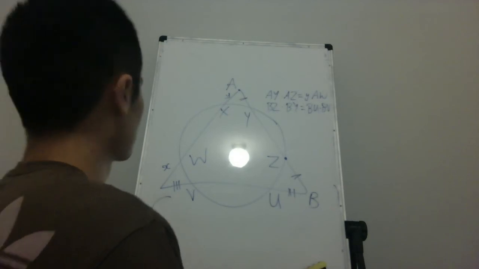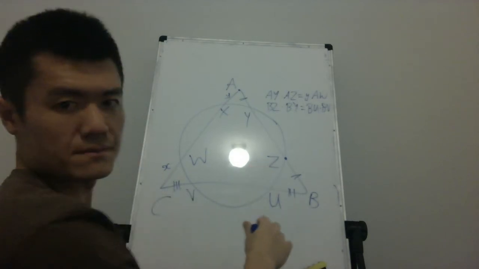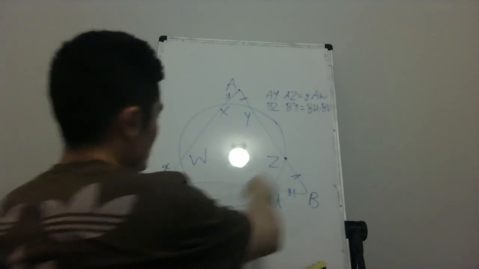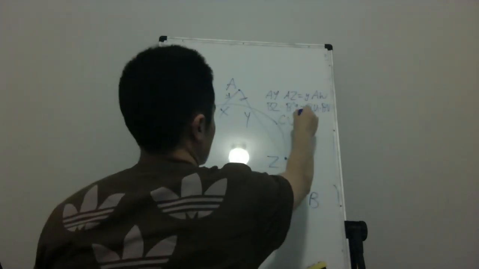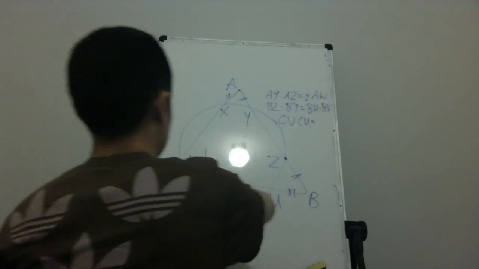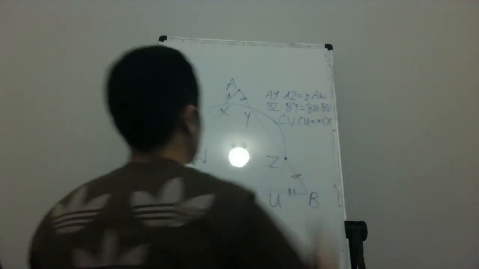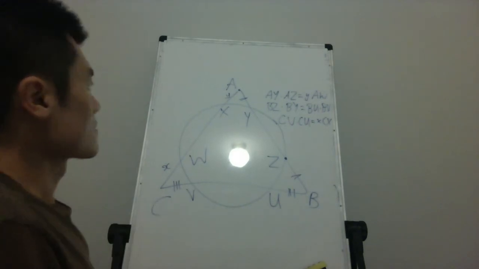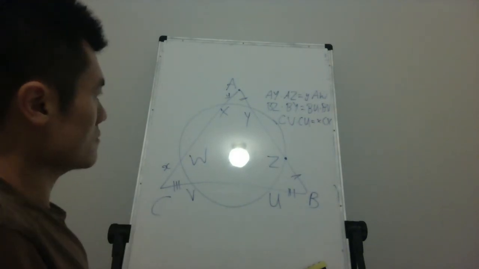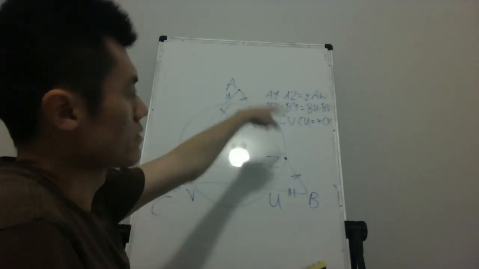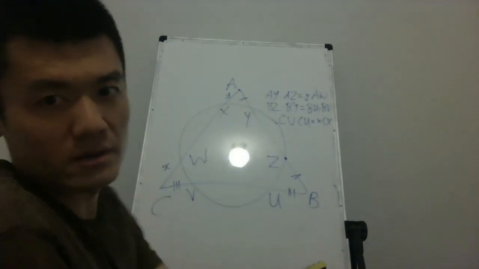And at C, it's CV times CU equals CX times CW. Okay. So somehow this little x is meant to equal little y in the end.